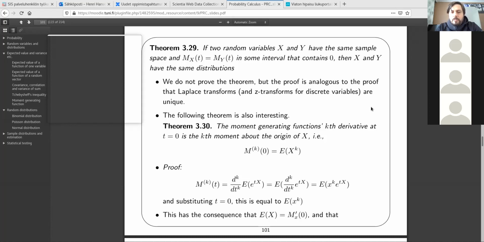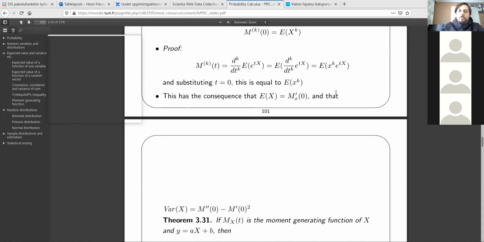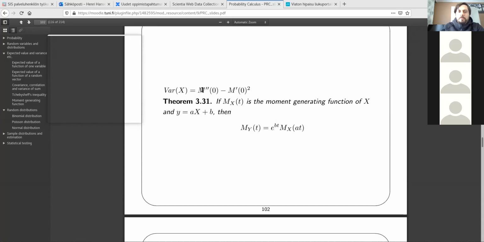So the first derivative of the moment generating function at the origin is in fact the expected value. The second derivative is the expected value of the square, so you can get the variance by use of the second derivative and the square of the first derivative, and so forth.